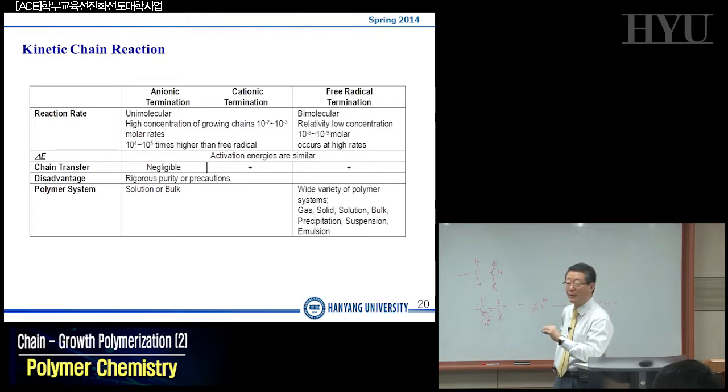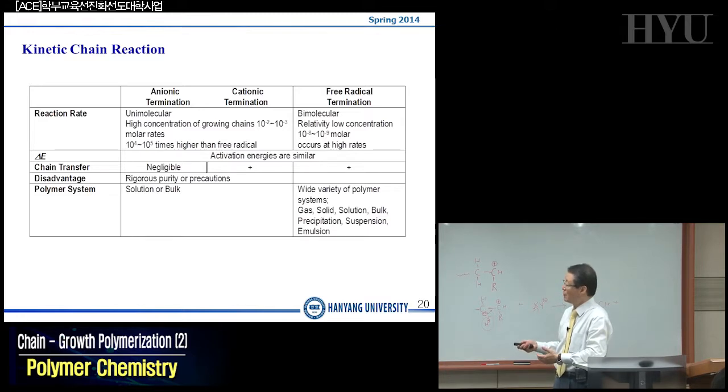So you should eliminate any residual moisture or small amount of water content in the solvent and the monomer. So it is very difficult to proceed with the anionic polymerization reactions.